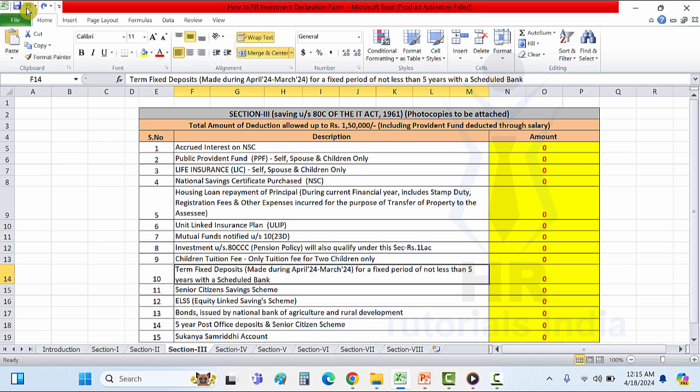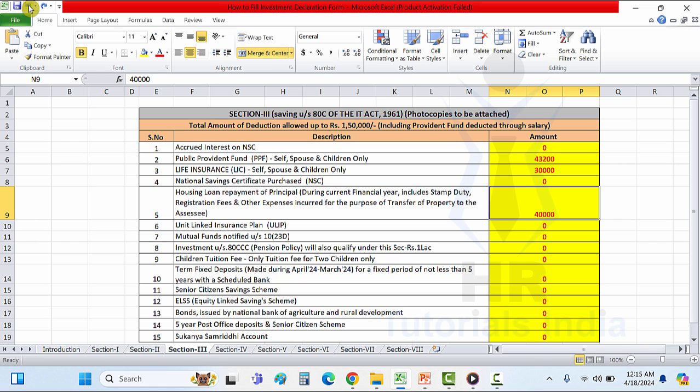Accrued interest on NSC 0, PPF it's 43,200, LIC it's 30,000, NSC 0, home loan principal payment 40,000, ULIP 0, mutual funds 0, investment under section 80CCC 0, children tuition fee 36,800, fixed term deposits 0, senior citizen savings scheme 0, ELSS 0, bonds 0, post office 0, Sukanya Samriddhi account 0.